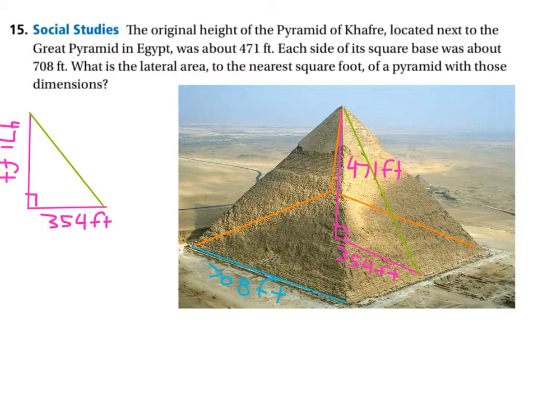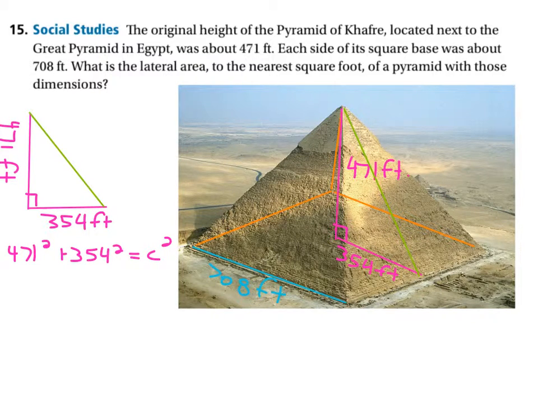Now, how do we find the hypotenuse length here, which is going to be our slant height? What we're going to have to do is 471 squared plus 354 squared, and that will give us c squared.